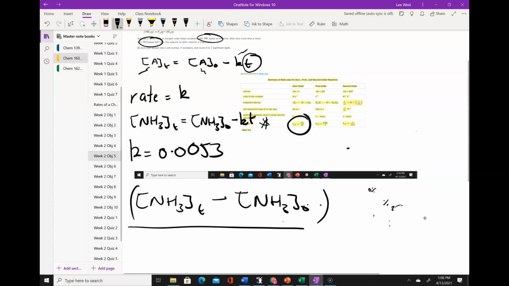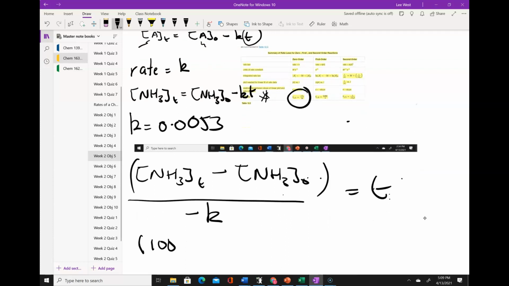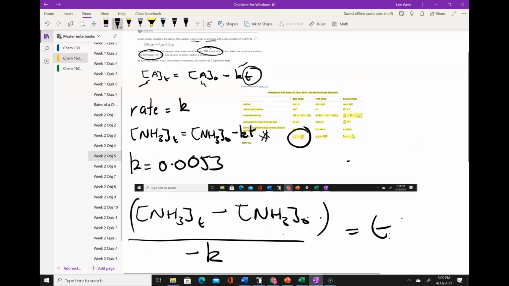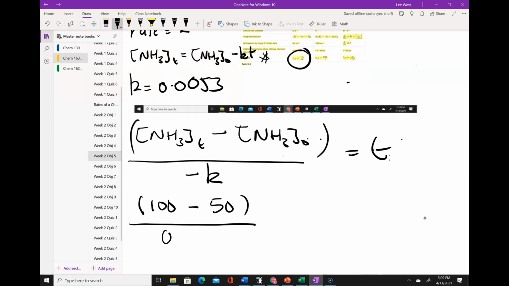Then, if I divide that by minus k, I'll get t. So my original concentration of ammonia was 100, my final concentration was 50, and then my k was 0.0053. And that'll give me my time.